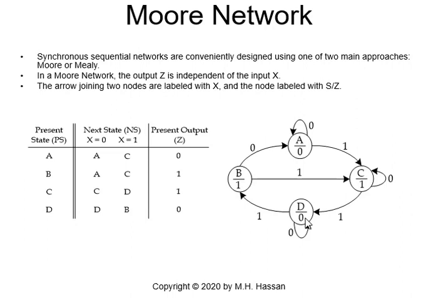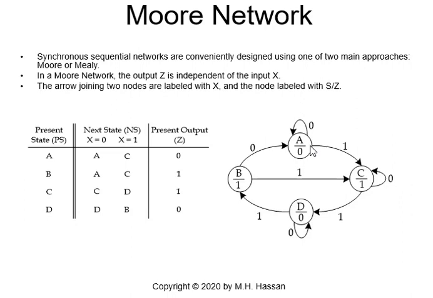And if I am in state D, I will remain in D if X is 0, and I will go to state B if X is 1. Now, every state here must have two arrows because X will have two values, 0 and 1. So the outgoing arrows from the state must be 2.